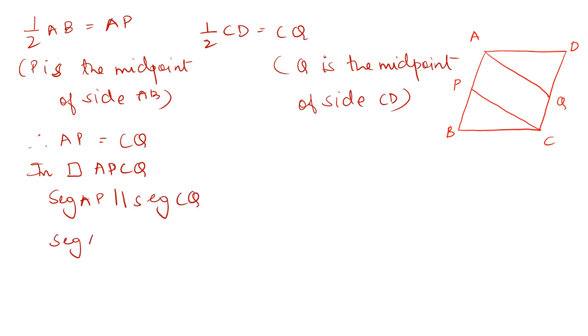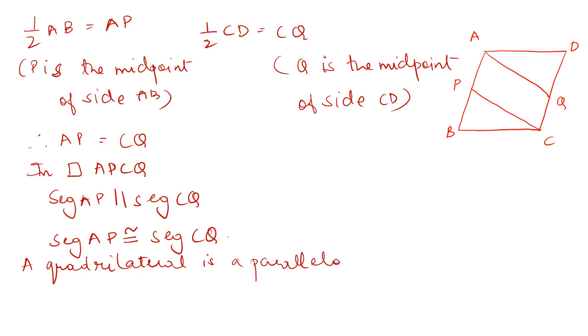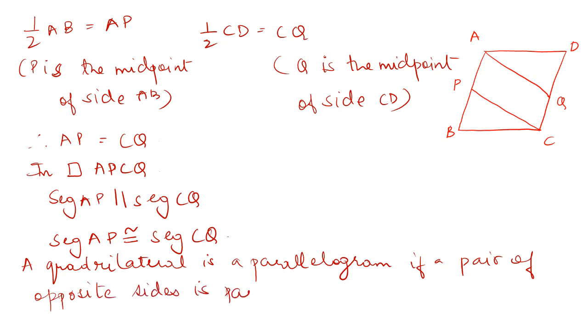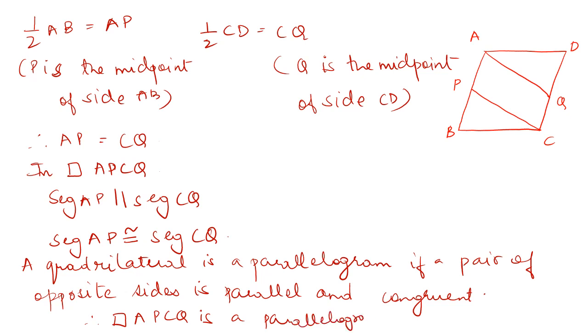Then we have proved just now that segment AP is congruent to segment CQ. Just now I said that a quadrilateral is a parallelogram if a pair of opposite sides is parallel and congruent. So hence we prove that APCQ is a parallelogram.